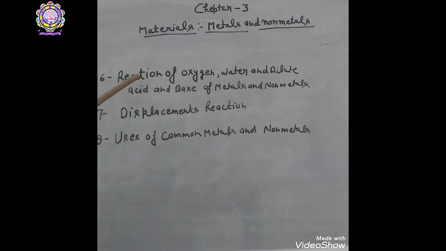The next is reaction of metals and non-metals with oxygen, water, and dilute acid and base. The next, displacement reactions of metals and non-metals. Next and last topic in this chapter, uses of common metals and non-metals.